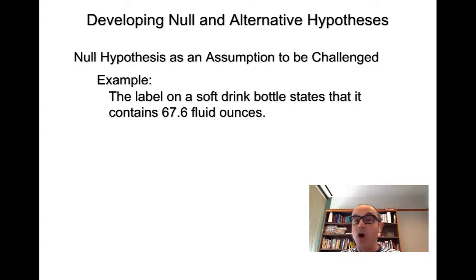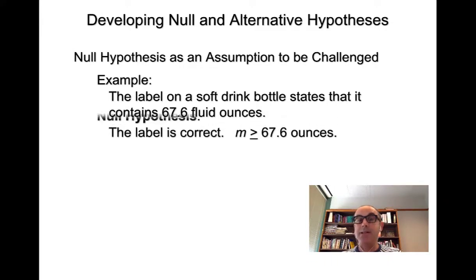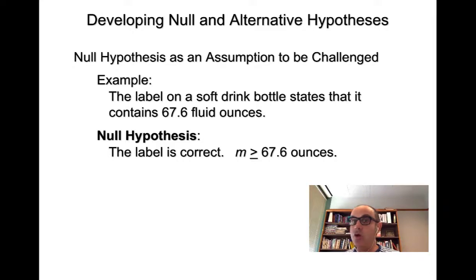So the label on a soft drink bottle states that it contains 67.6 liquid ounces. Okay, this is the entire premises. So how can I convert it into a hypothesis, and specifically to a null hypothesis? I will have mu equal to or bigger than 67.6 ounces.